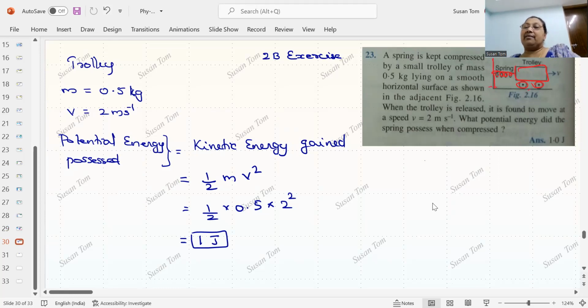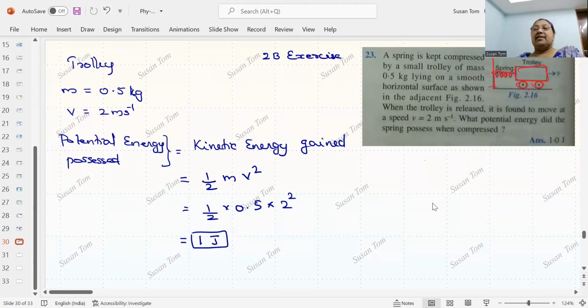It is kept compressed. When the spring is in the compressed state, it has stored potential energy. But when we release it, it will go with a velocity, that is, it will attain kinetic energy. The stored potential energy is converted into kinetic energy for its motion.